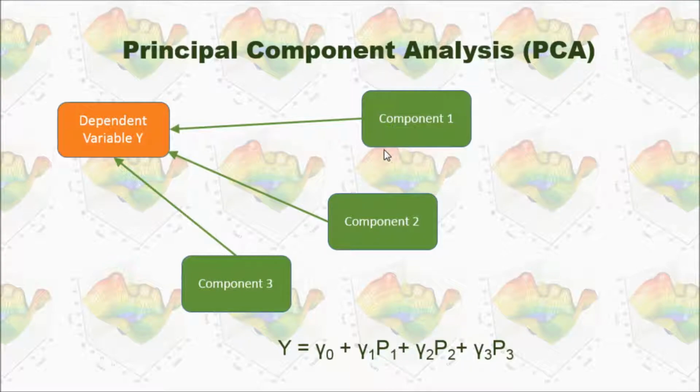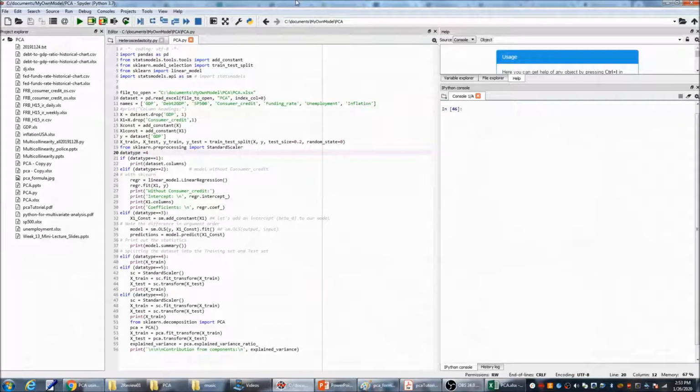In this case, we convert them to component 1, component 2, and component 3. And then we try to use all those principal components to predict our dependent variable.